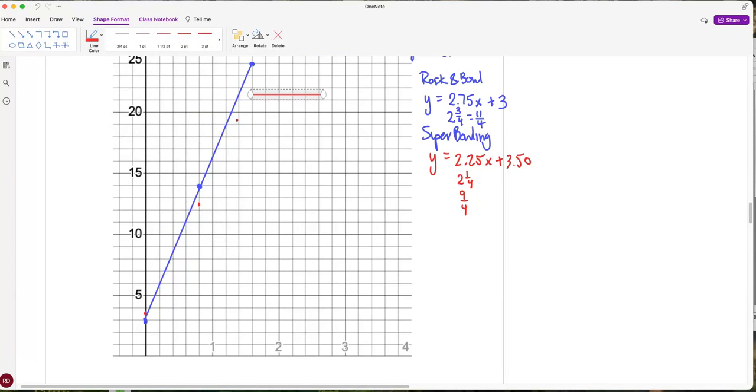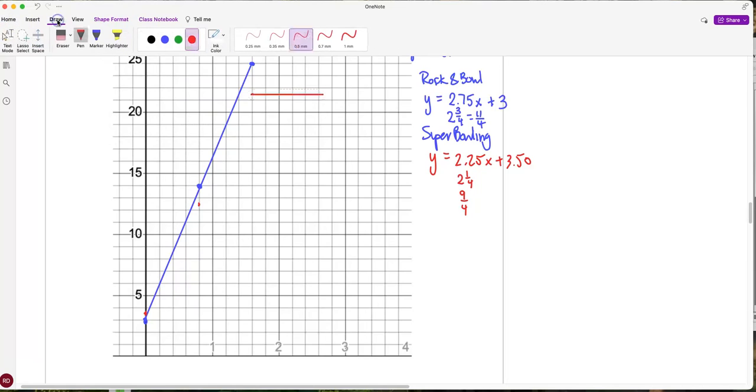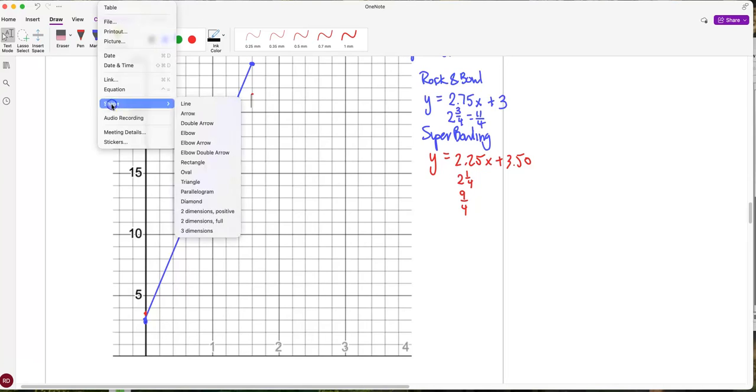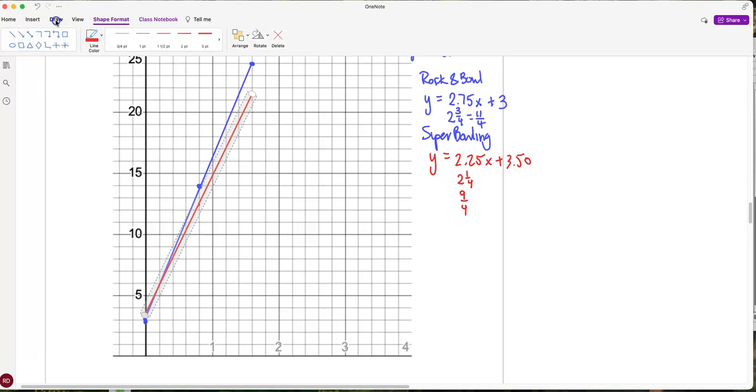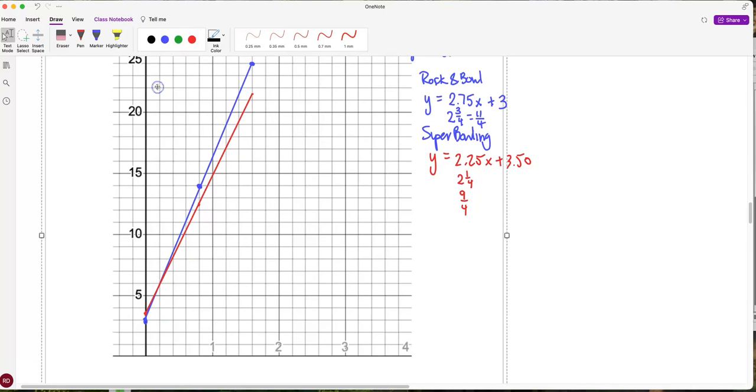Let's try that again. Insert line. And something like this. Okay.